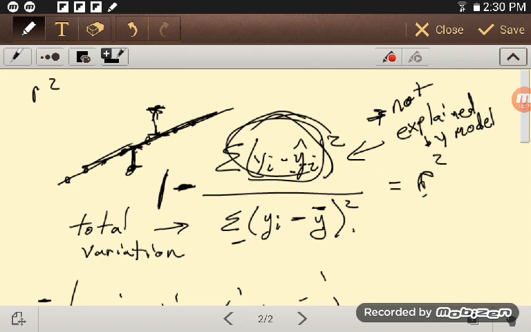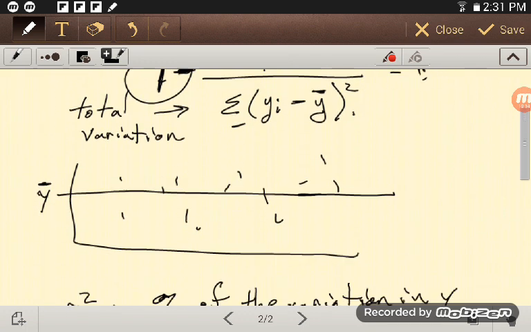If we don't do the 1 minus, if we take that part out, we get the ratio that's not explained by the model. So 1 minus that will be the percentage that is explained by the model.